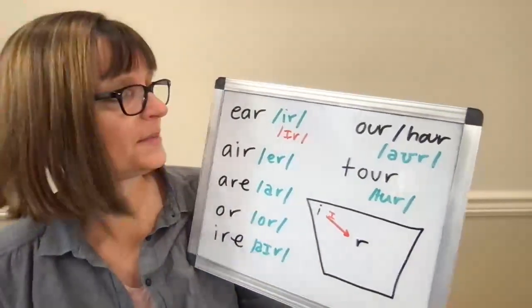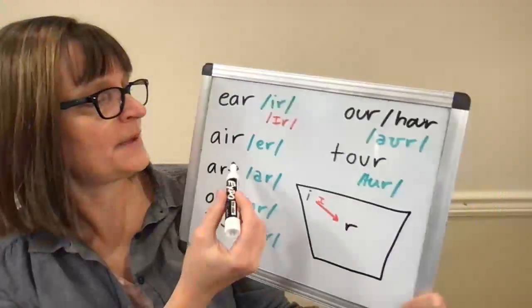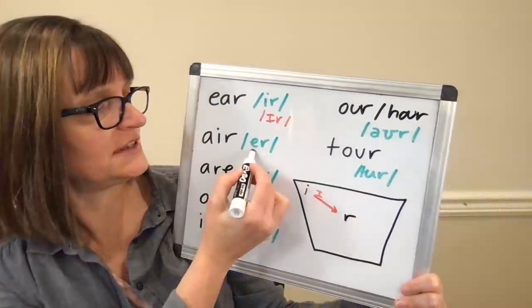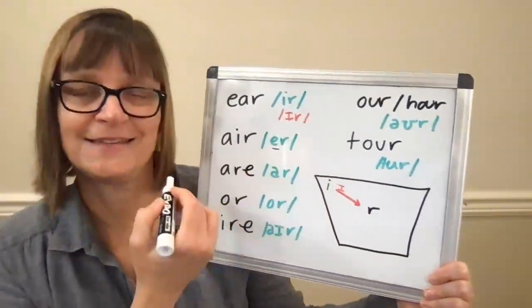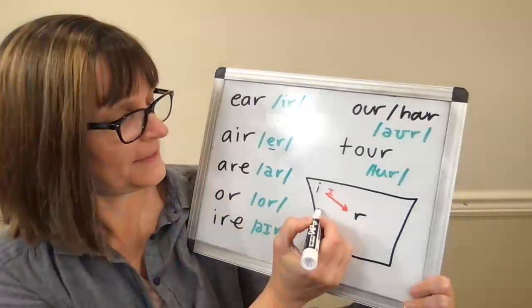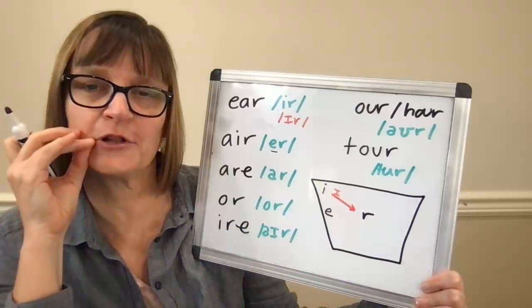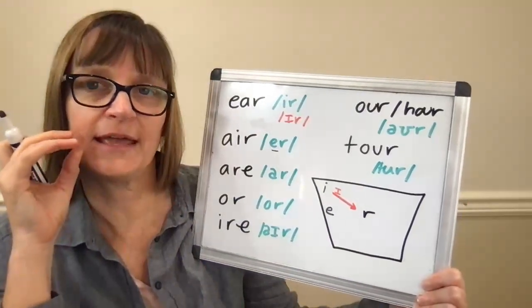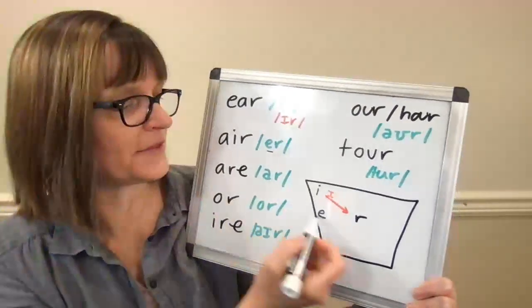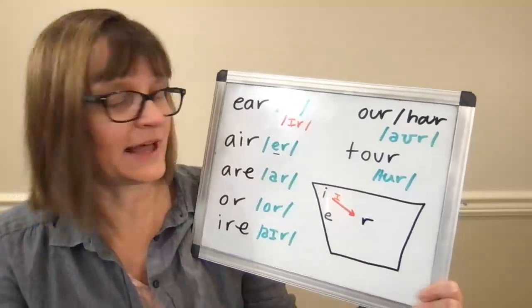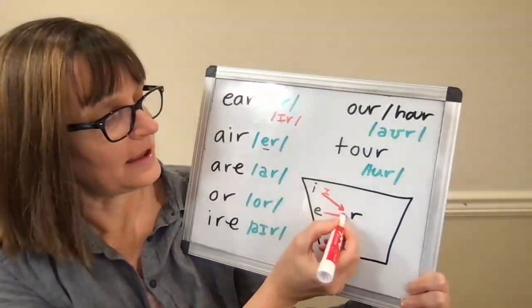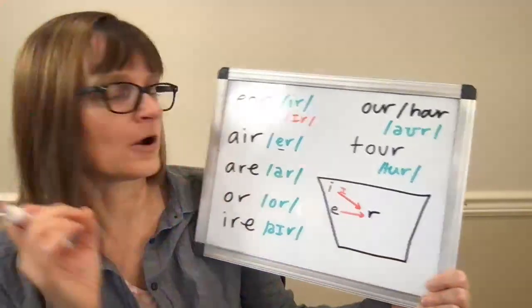Then when we were talking about air, it might be confusing to see in the dictionary. You see this letter E, but that's the sound A. That is here. So while the E is, my mouth is more closed, ear, when I say air, my mouth is starting more open. And again, I'm gliding. Air, air, air.